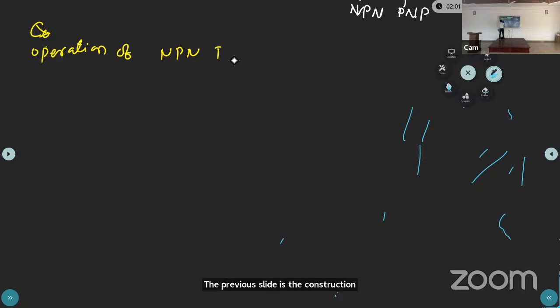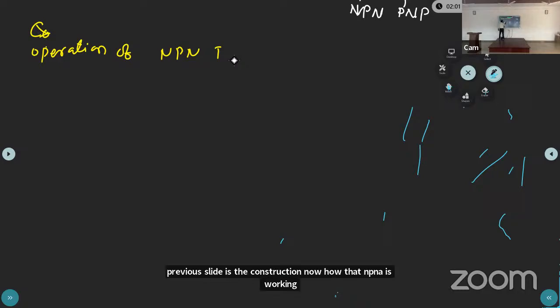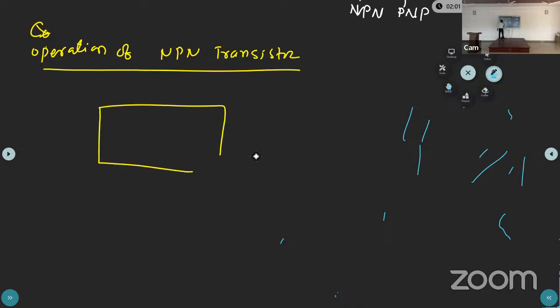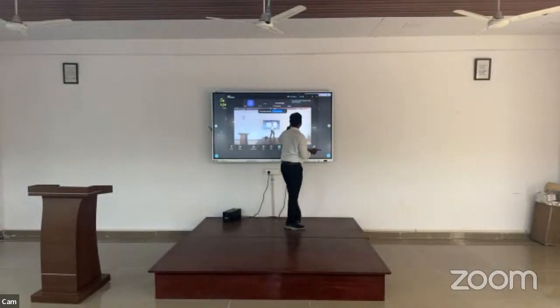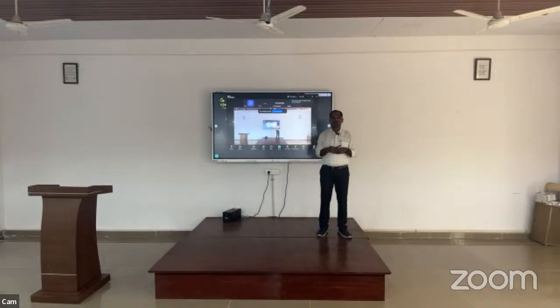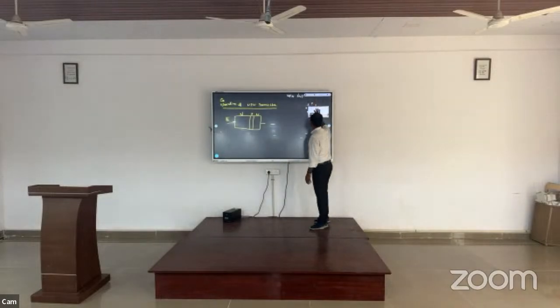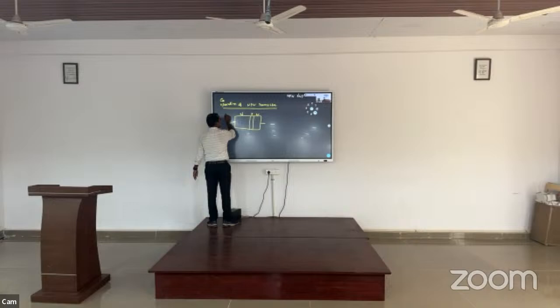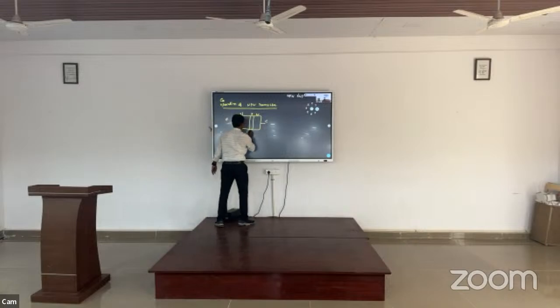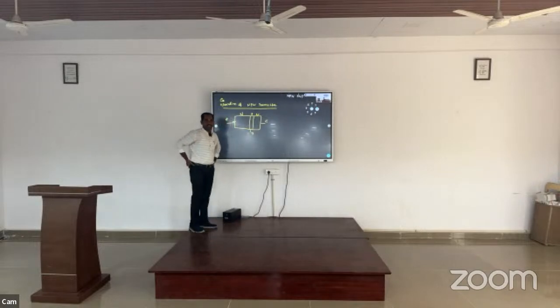Now, how does that NPN work? This is the NPN transistor.